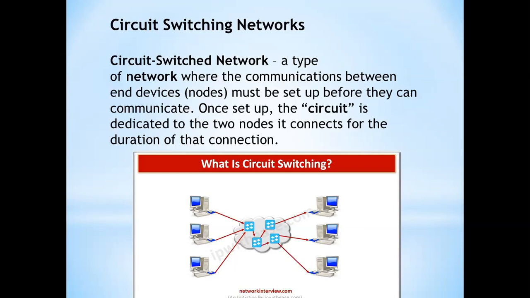The entire channel capacity is dedicated for the duration of the connection, even if data is not being transferred. Once the circuit is established, the network is effectively transparent to the user with no delay involved. So circuit switching is used in telephone networks.